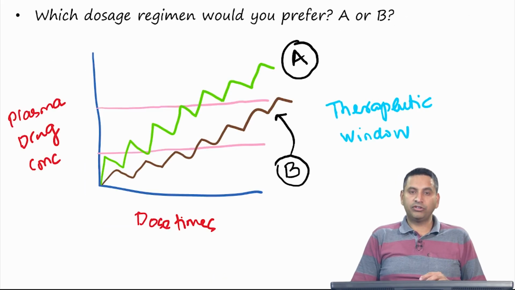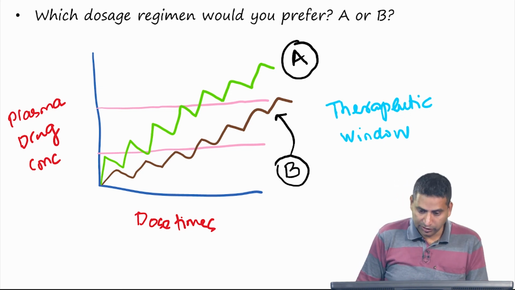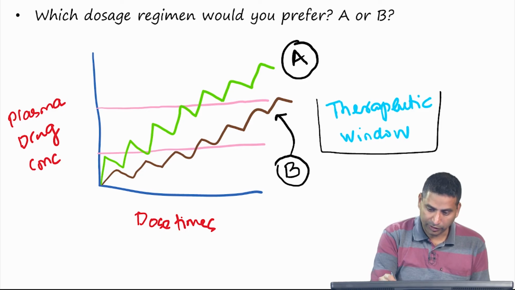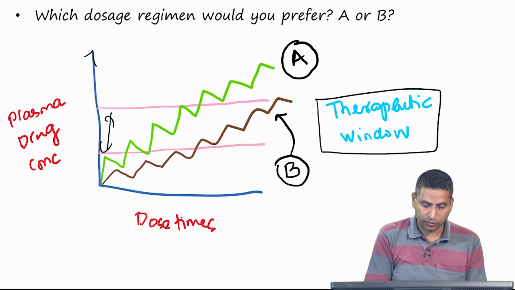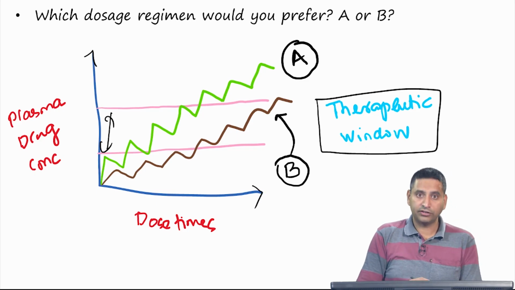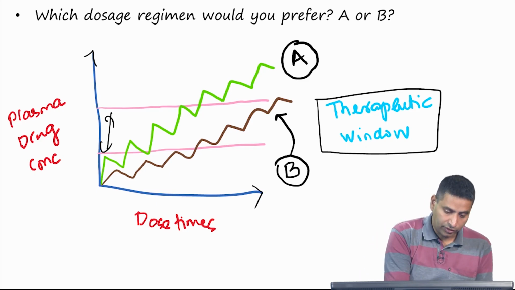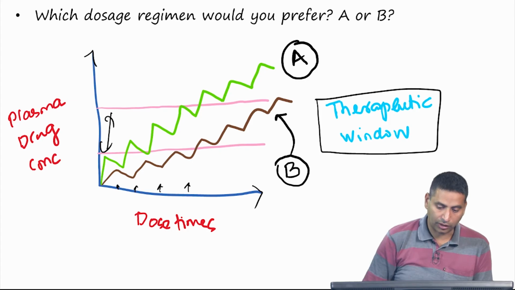Next question is, which dosage regimen would you prefer, A or B? This is an interesting question because we have a well defined therapeutic window, which is here. On the y axis is the plasma drug concentration, on the x axis it is dose times. So, here the dose is given, and as you can see, here is the second dose, here is the third dose, here is the fourth dose, fifth dose, and so on.